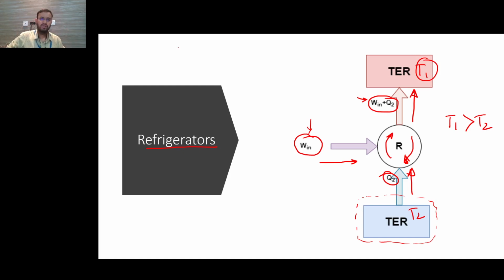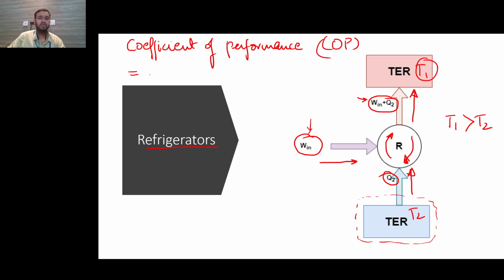All right. Similar to the concept of efficiency, for refrigerators, we have something called coefficient of performance, or COP. Even in this case, COP is defined as useful output divided by required input.